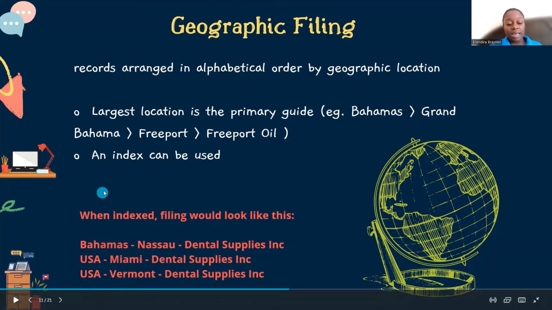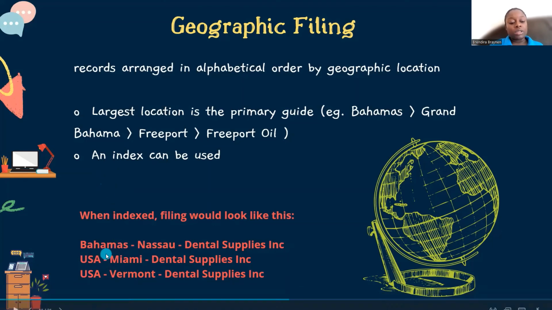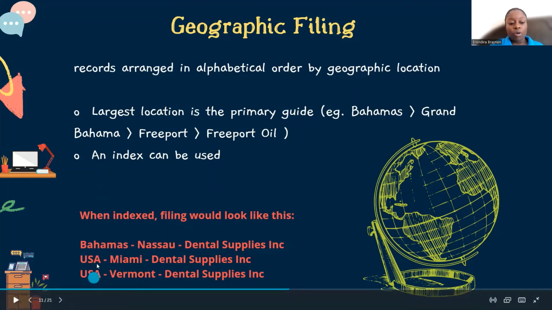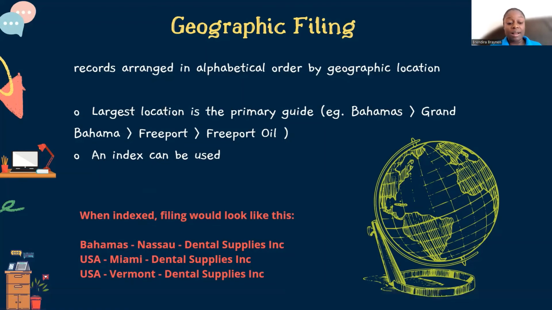And so USA is what's going to be our next grouping. From there, both of these are the same, of course, so we can't put one over the other as yet. We can put Bahamas first because B comes before U. But what we have to do is look at the city, Miami versus Vermont. Miami would come before Vermont, of course, because M comes before V in the alphabet.